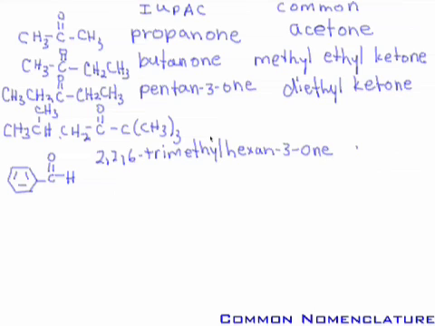Well, the common name for this, on the left-hand side here, we have an isobutyl. On the right-hand side, we have a tert-butyl. So the common name is isobutyl tert-butyl ketone.